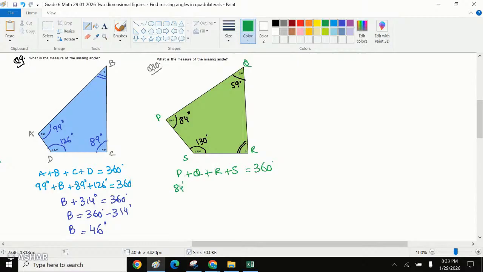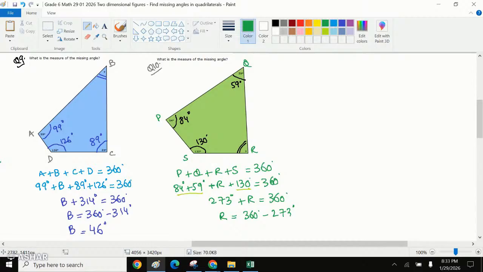P was 84, Q was 59, R is missing, plus S 130 is equal to 360. The sum of these three angles would be 84 plus 59 plus 130. That would be 273 degrees plus R is equal to 360 degrees. How to find the value of R? This would be 360 minus 273.